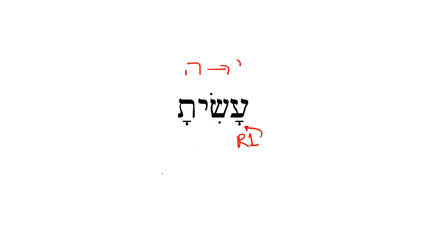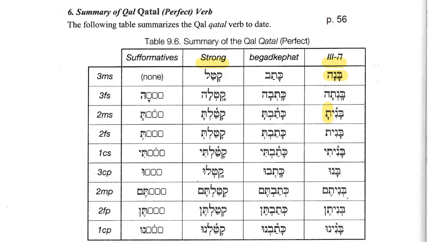So that's why I said before that the R2 vowel is often A class. But sometimes with weak verbs, for example with a three-hey verb, the vowel can be changed. In any case, we do see the R1 vowel is A class, and we do see this characteristic ending, which is second masculine singular.